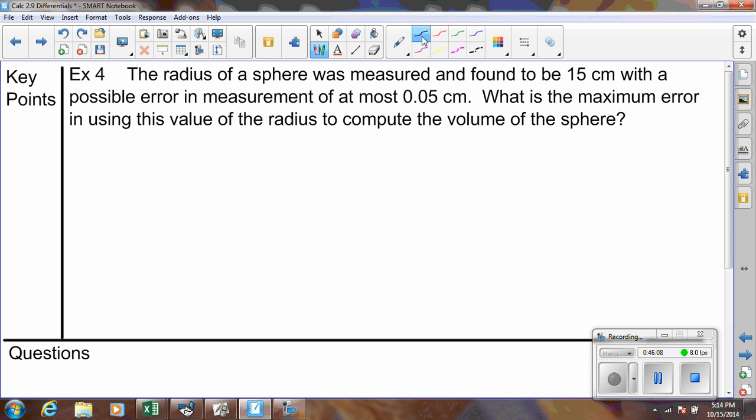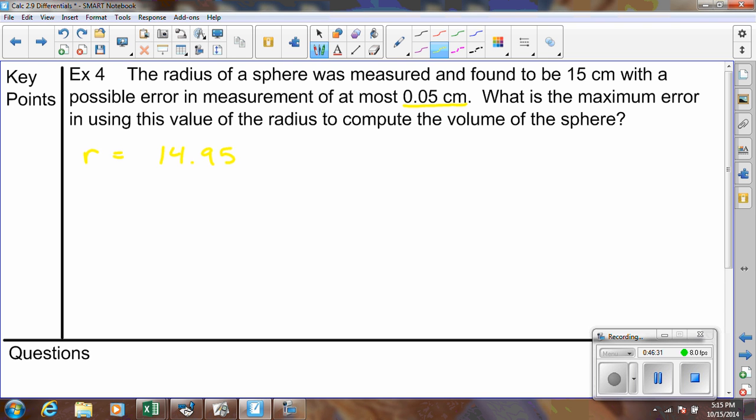We know if this is the biggest possible error that we could be allowed, that tells us the radius in reality could be 15 minus this error. 15 minus 0.05 is 14.95.